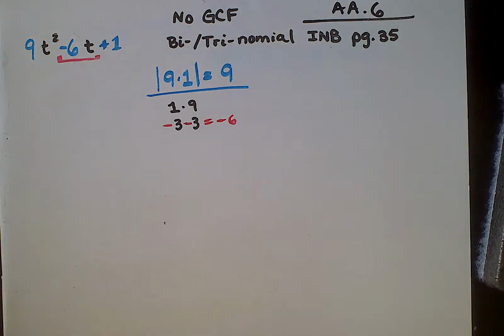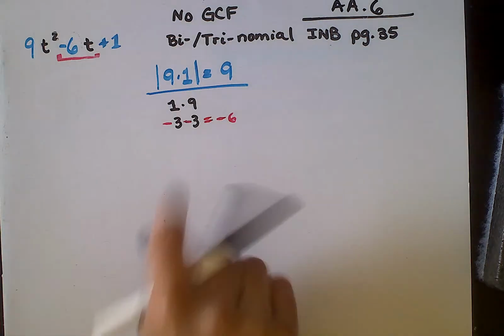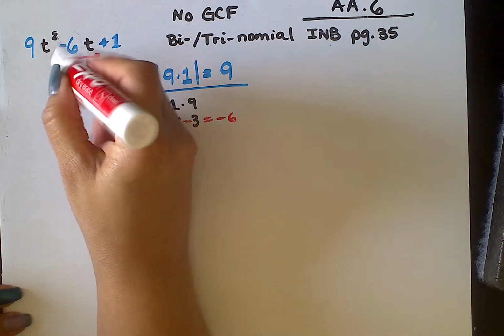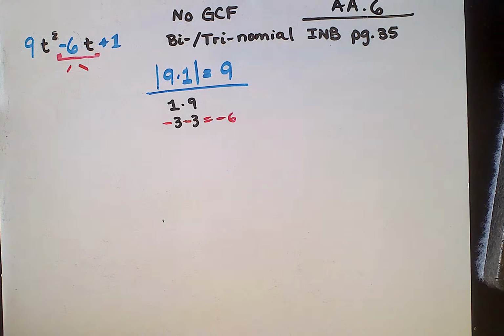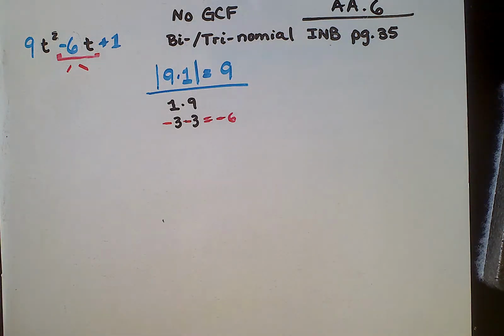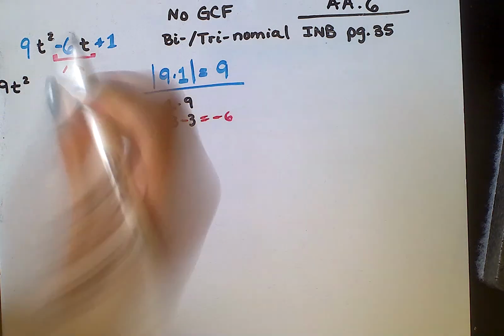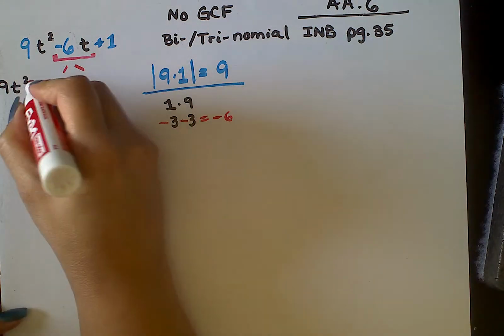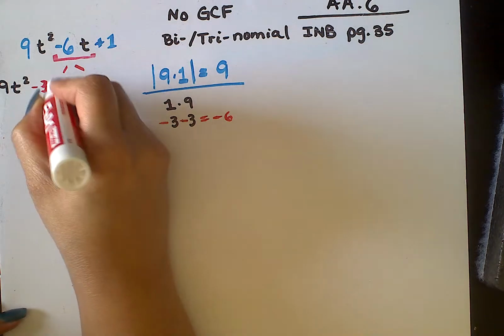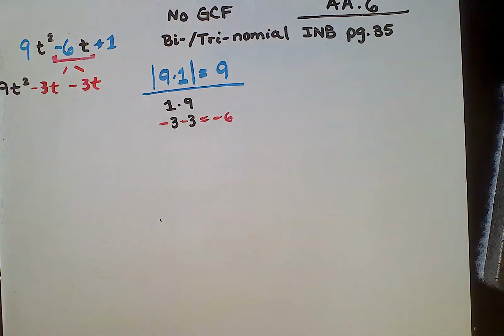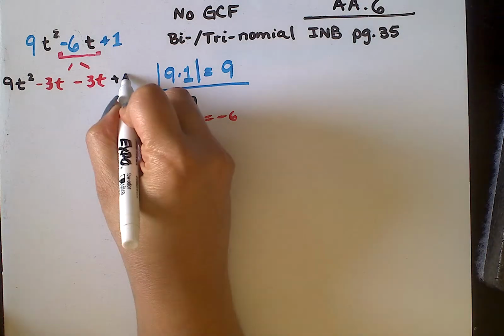Now, this is where you guys probably need a refresher because we haven't done factor by grouping in a while. What we're going to do is replace this negative 6t with negative 3t and negative 3t. I'm going to bring everything else down: 9t squared, then minus 3t and minus 3t, then my plus 1.